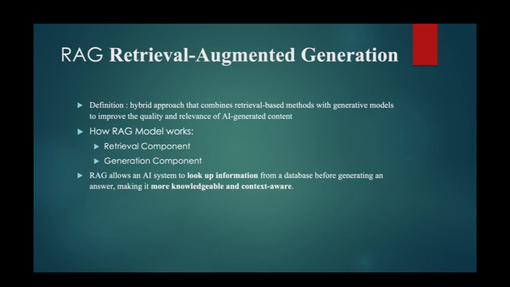RAG allows an AI system to look up information from a database before generating an answer, making it more knowledgeable and context aware.